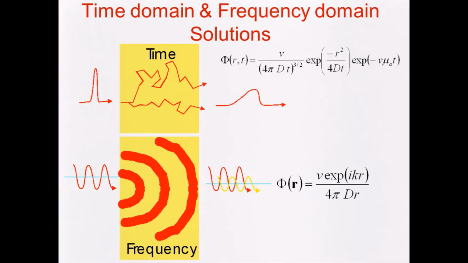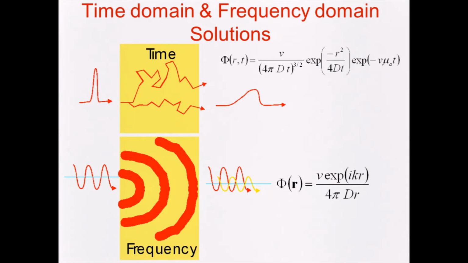This is just the solutions to these homogeneous differential equations. The time domain solution is still a little bit complicated if you look at it mathematically, but in practice, conceptually, it's easy to understand: you have an injection of light and then it falls off depending on how far you've gone through the tissue.